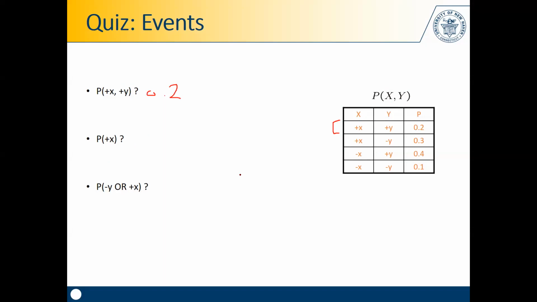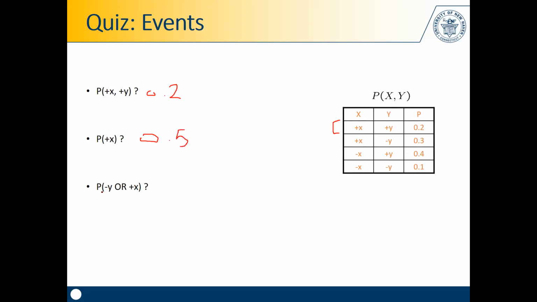Ramu? It's 0.5. That's correct. So the probability of plus X is 0.2 plus 0.3. We just collapse these two rows together, which means that we sum these two together, which gives us 0.5.